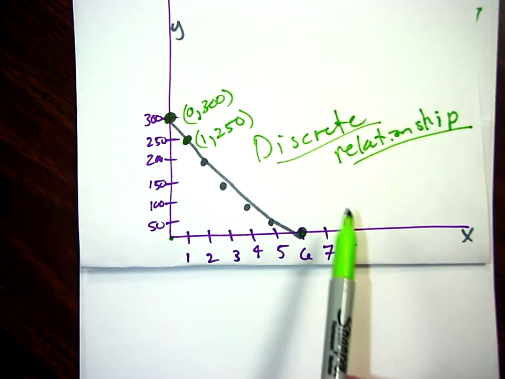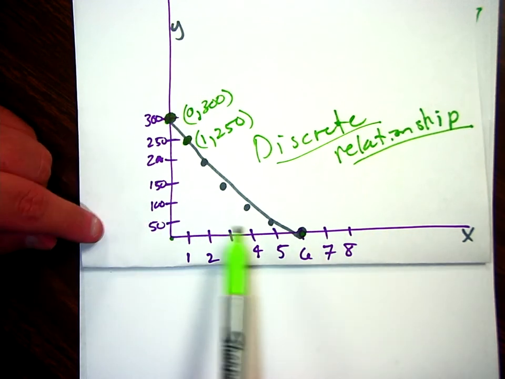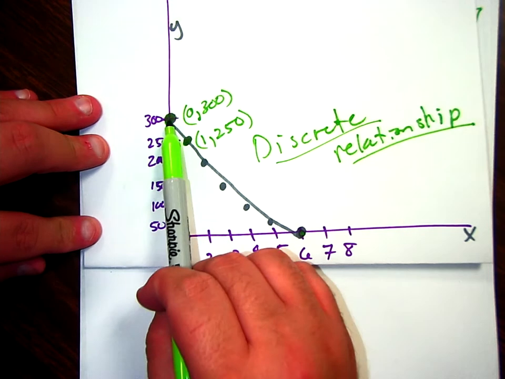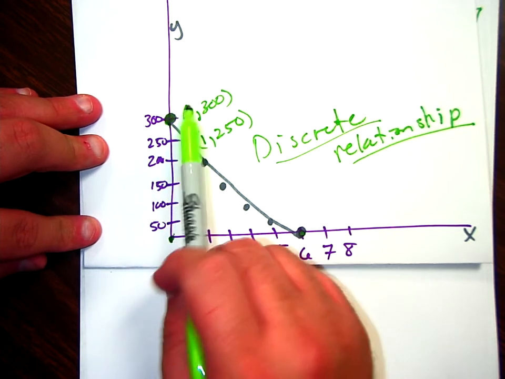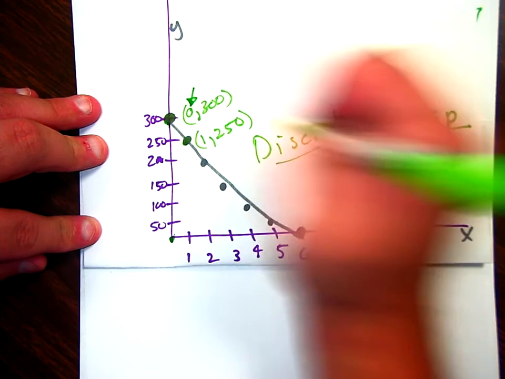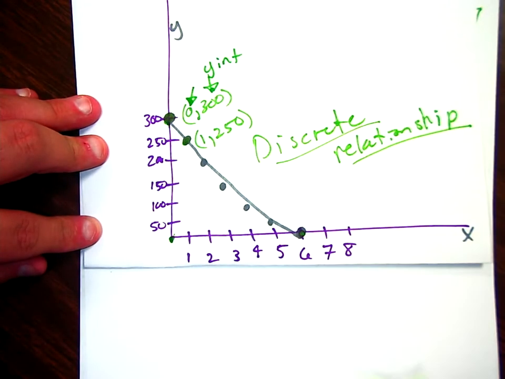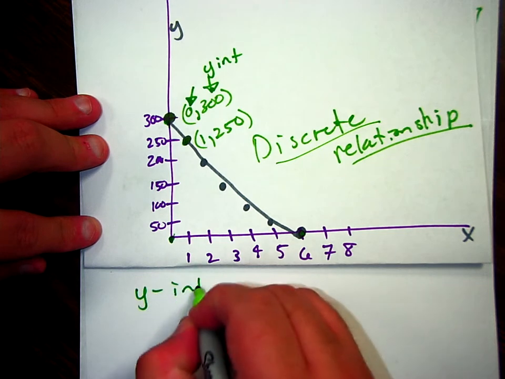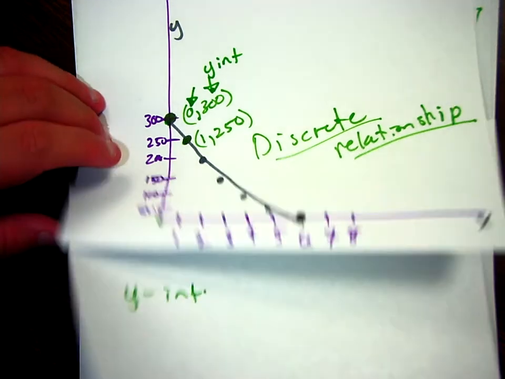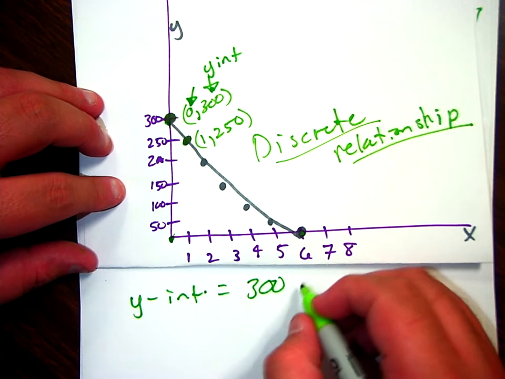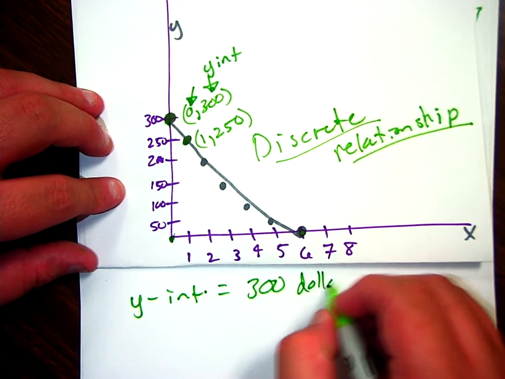In this graph, where is our x value 0? It's right here. So your y-intercept is 300. And it's also right here, where your x value is 0, so that makes this number the y-intercept. Your y-intercept is 300, and you can put dollars, whatever you want.